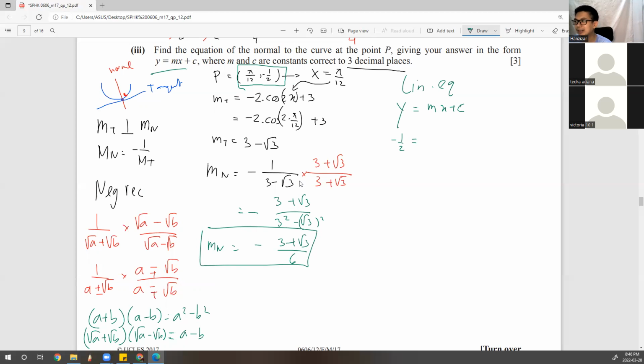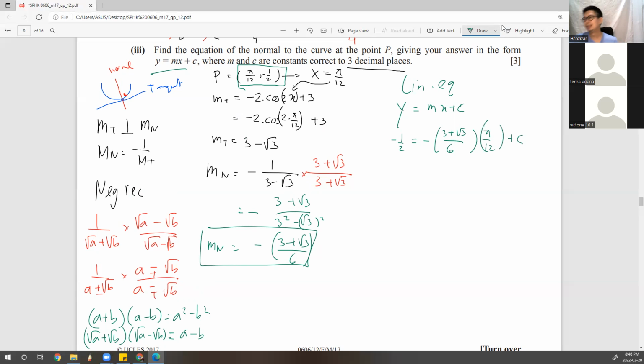Because we are finding the equation of the normal. Negative 3 minus square root 3. I combined a negative to open the bracket and make it simpler. Or we don't have to open the bracket, either way. I just use what is more convenient. Plus times x. Okay, almost forgot, x is pi over 12.